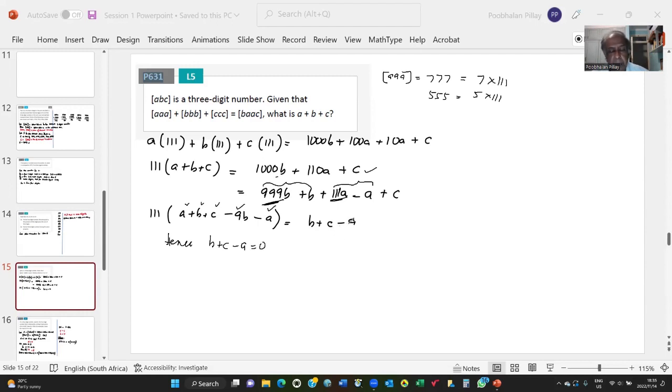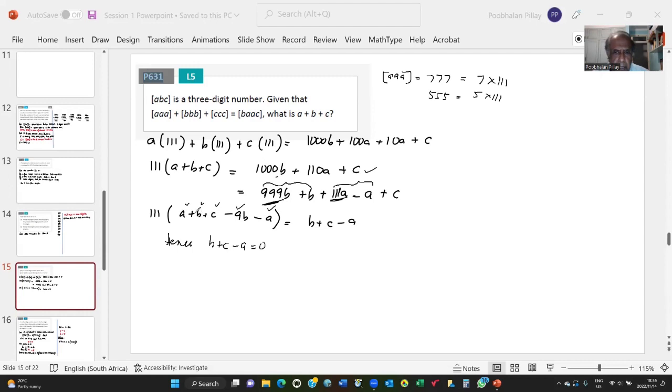This has to be 0 because it's a one-digit number, while on this side you have a number at least 3 digits long because you're multiplying by 111. But it can be 0, in which case this part here is also 0.